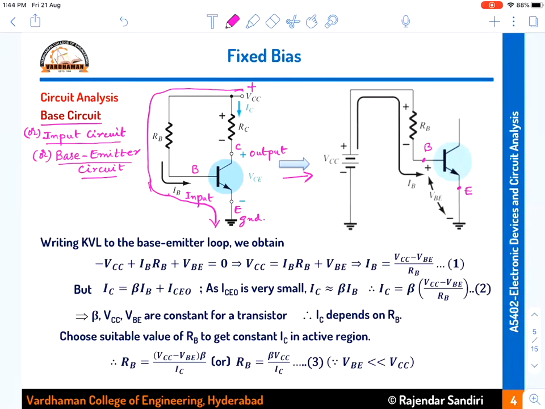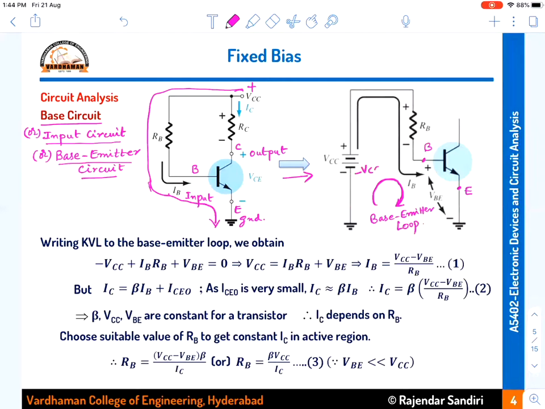Now, this loop we call the base emitter loop. So for this base emitter loop I want to apply KVL. If you apply KVL, coming in the clockwise direction, this battery is minus VCC.